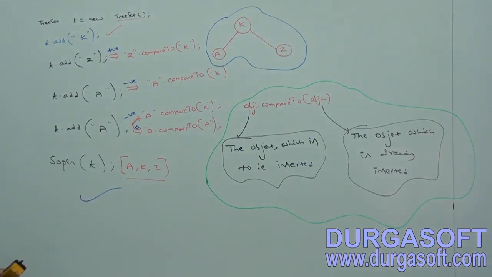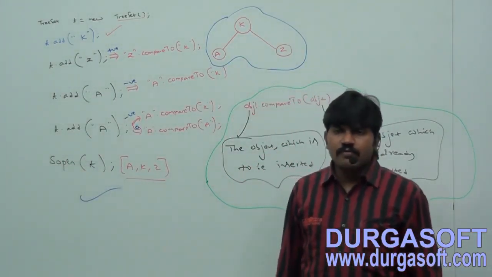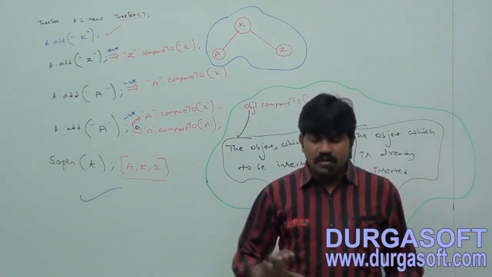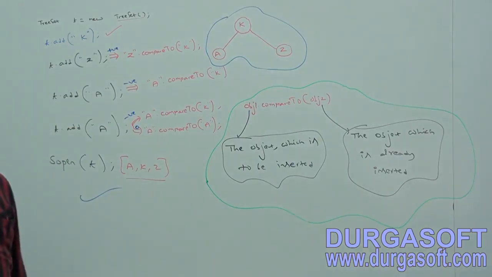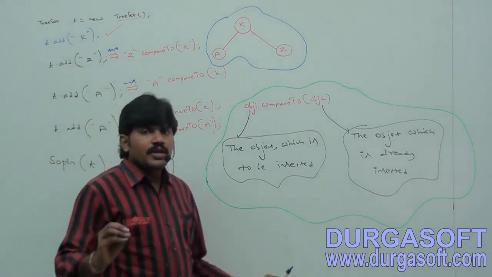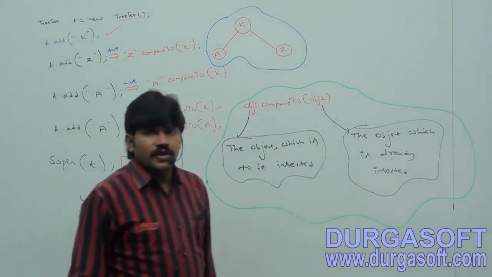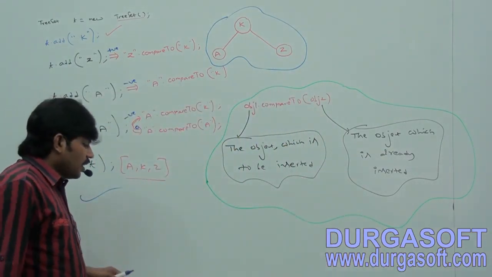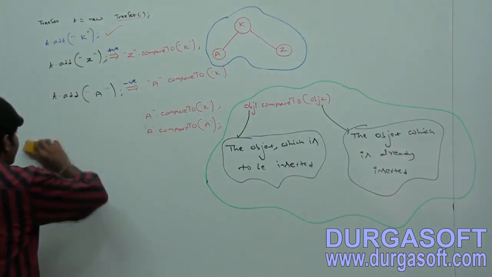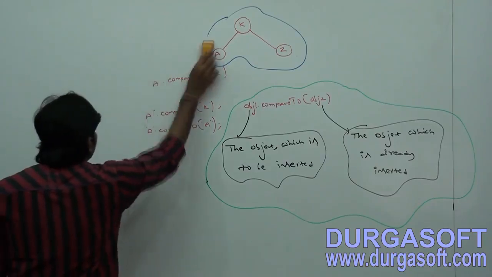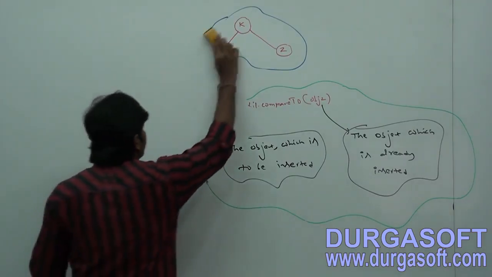If default natural sorting order is not available, or if we are not satisfied with default natural sorting order, then we can go for customized sorting.